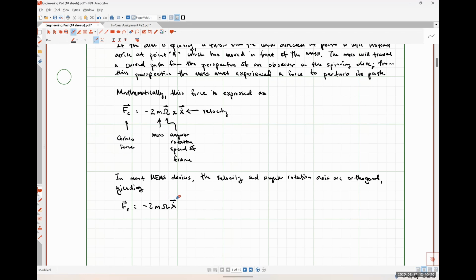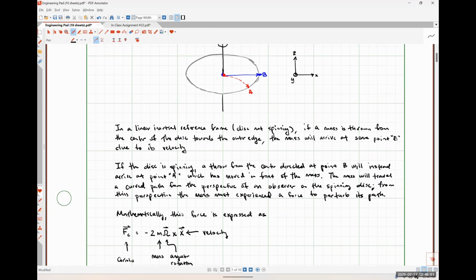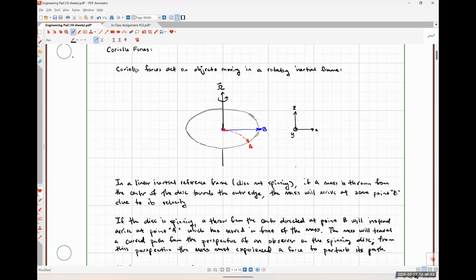Actually, let me get rid of those signs. So that's just the magnitude of the rotational speed, the magnitude of velocity, and I'm going to give this a direction in the y direction. Okay. Based on this, our angular rotation vector representation is in the z direction.